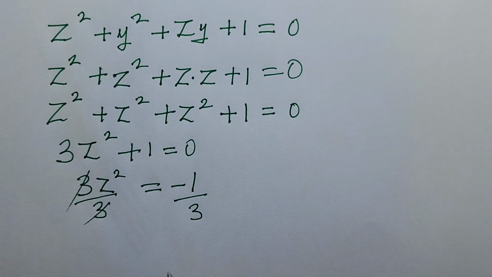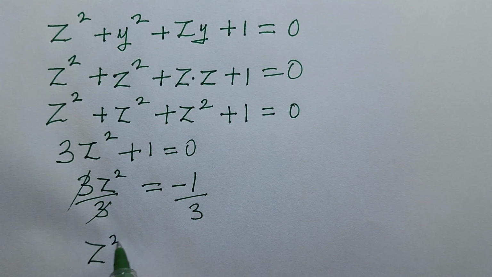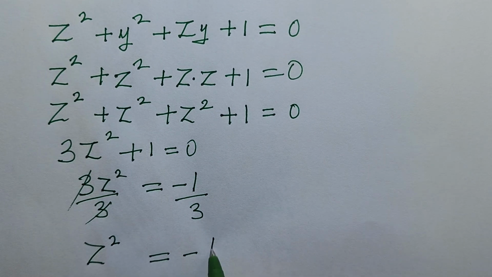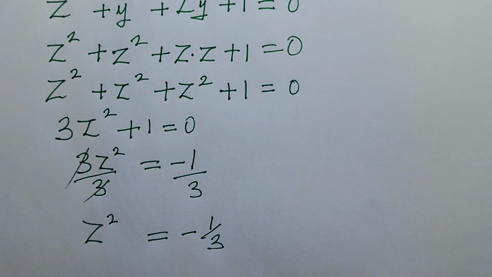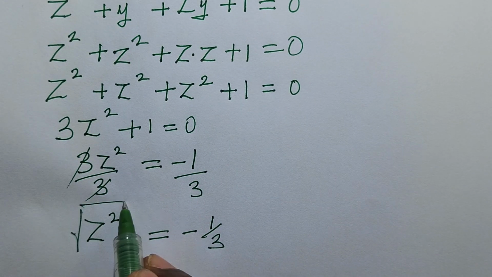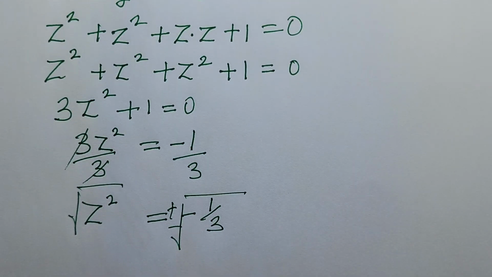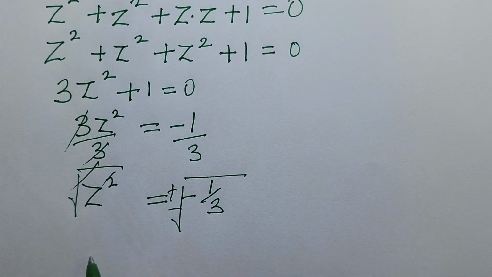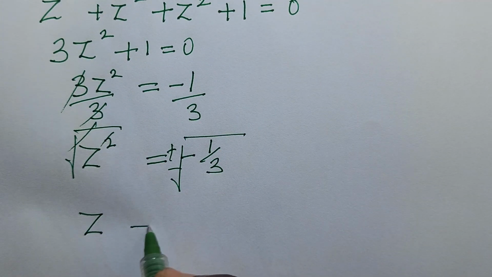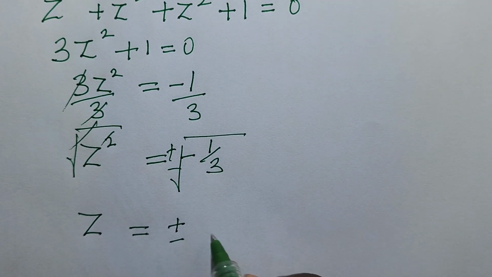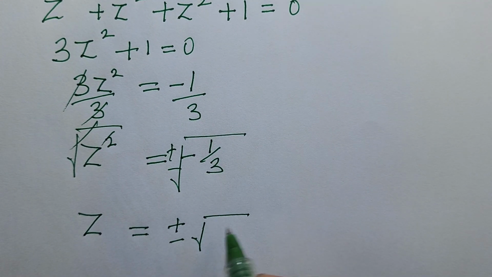So we now have z to the power of 2 is equal to minus 1 all over 3. We are looking for z, so we take the square root of both sides. Immediately we do that, we add our plus minus. So z will now be equal to plus minus the square root of minus 1 all over 3.